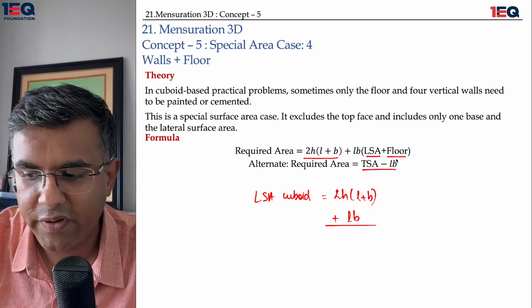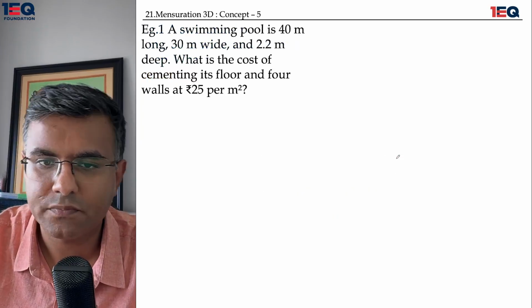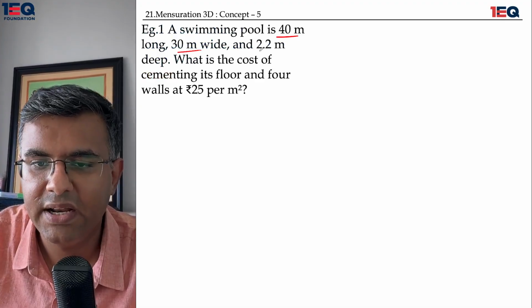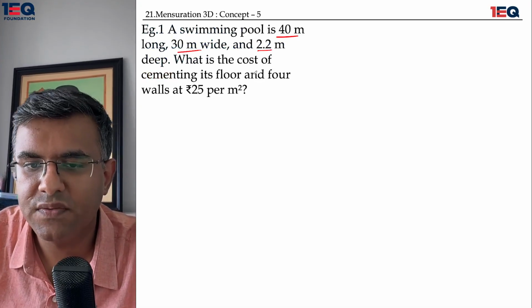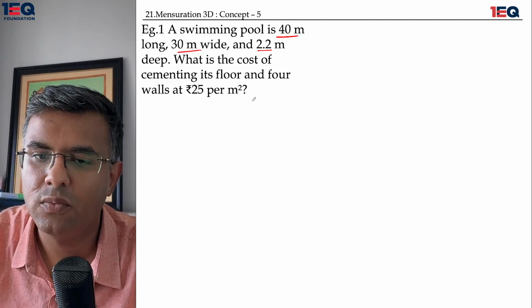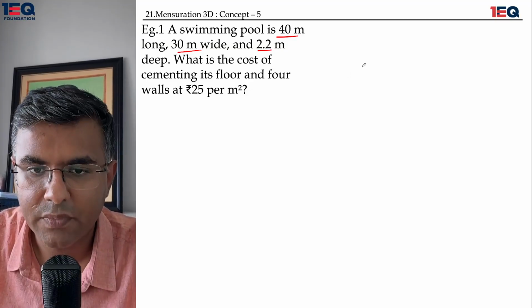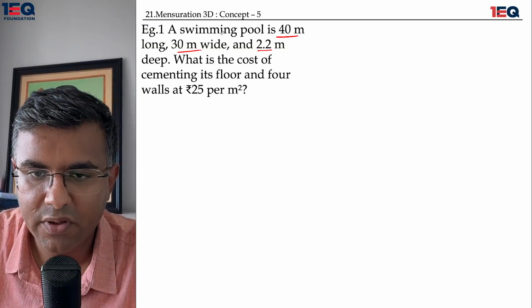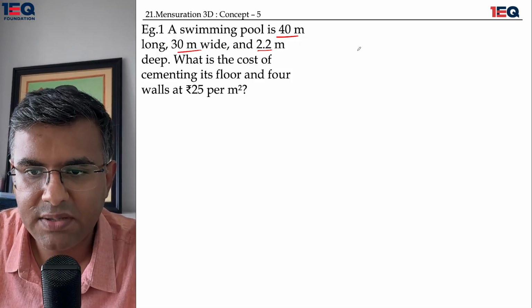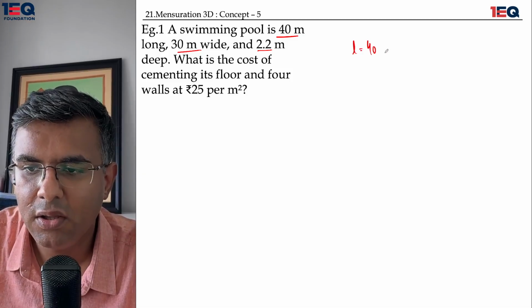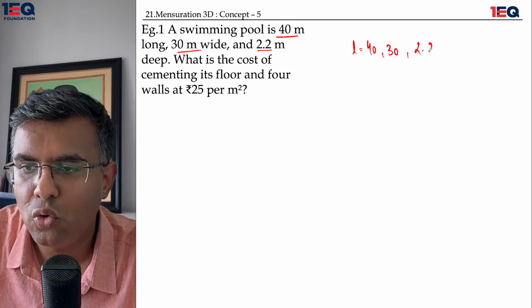Okay, moving ahead. A swimming pool is this long, this wide, and this deep. What is the cost of cementing its floor and 4 walls at 25 rupees per meter square? So just see what we are doing. A swimming pool is 40 meters long, length 40, breadth 30, and height 2.2.